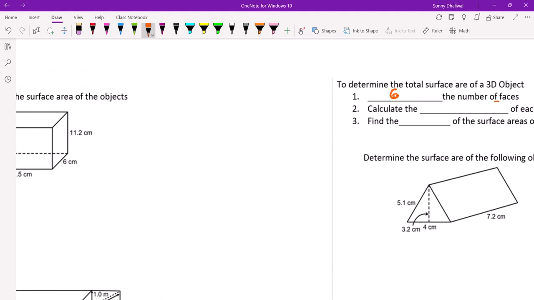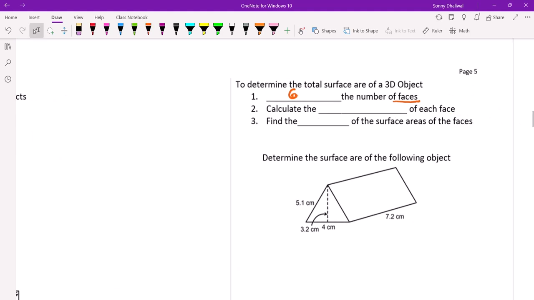Those sides are called faces. Okay? The face, the left face, right face, top face, all right? Next we need to calculate the area of each face. And once you have how big each one is, we add them all up.